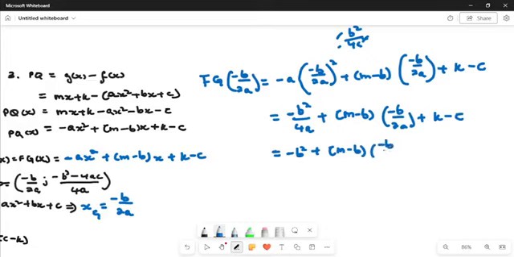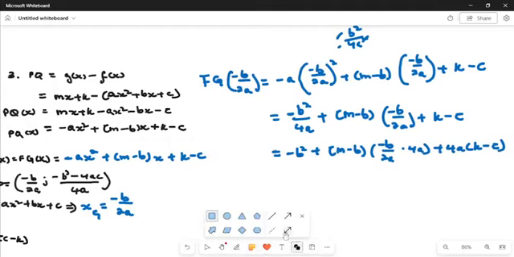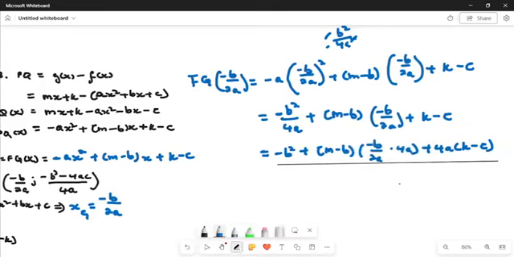And I'll just multiply this first value, 2a, multiplied by 4a. And then I'll just say 4a multiplied into k minus c. And all of this is divided by 4a. So to simplify this, the a's will cancel here, and then we'll have 2 there. For now, let us just keep it simple.